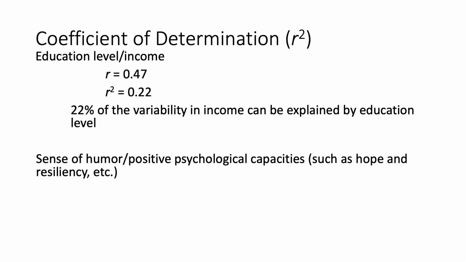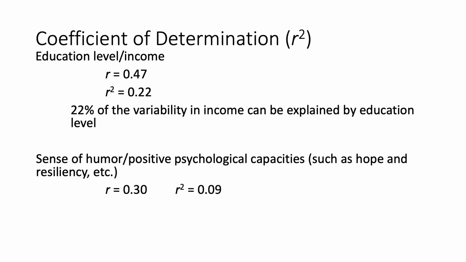So researchers have looked at whether there's a correlation between those two constructs. And there is. The correlation is about 0.30. So as the measure of sense of humor increases, so do their positive psychological capacities. That kind of makes sense.